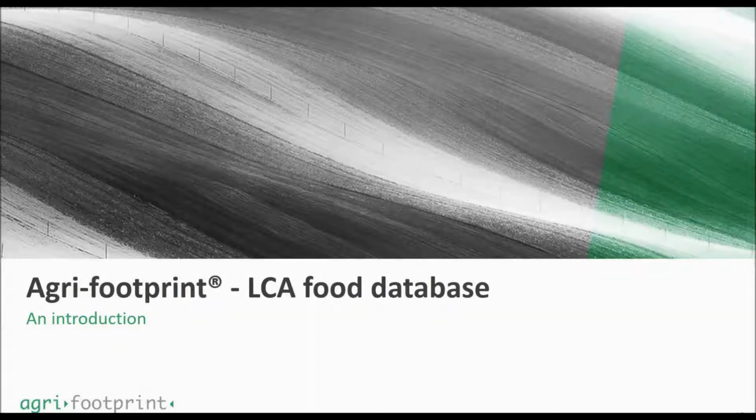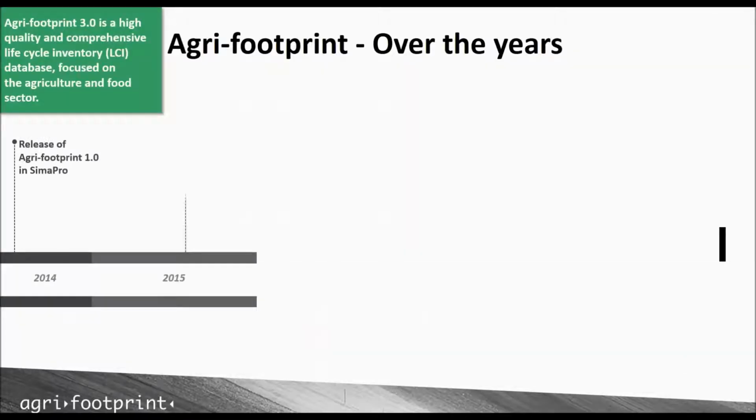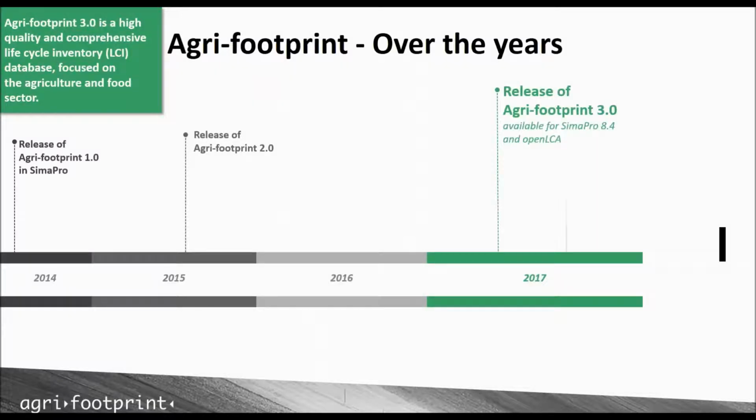Very good. Great. So I will start with an introduction to the Agri-footprint database. For those not familiar with it, Agri-footprint is a high quality and comprehensive life cycle inventory database focused on the agriculture and food sector. The database was first released in 2014 when it became available in SimaPro.